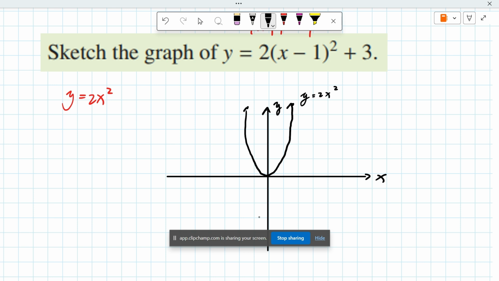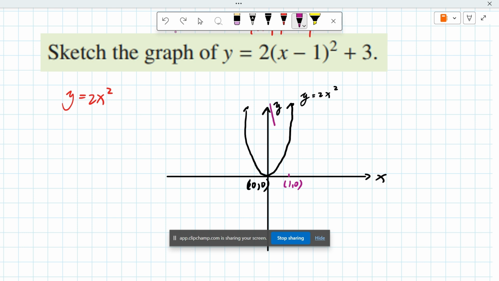Now with transformations, translation by 1 in the positive direction of the x-axis first. What that means is that your turning point starts at 0, 0, and we move it to the right by 1 unit, which is 1, 0.